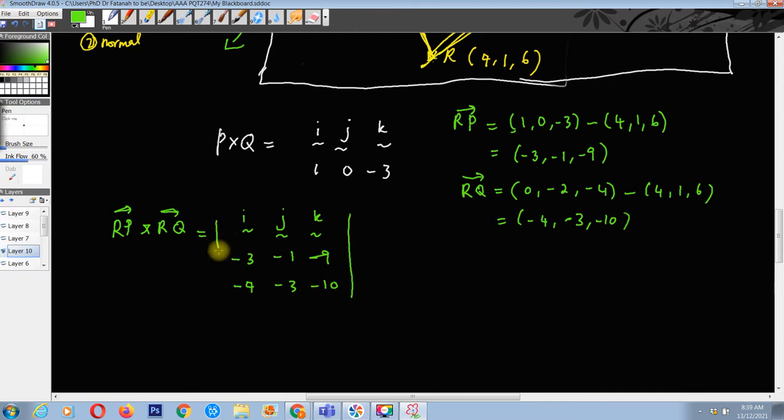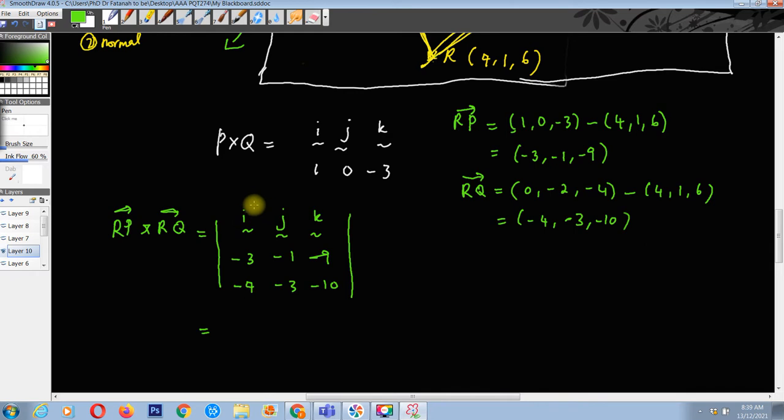So how to get a cross product? We select the first row.